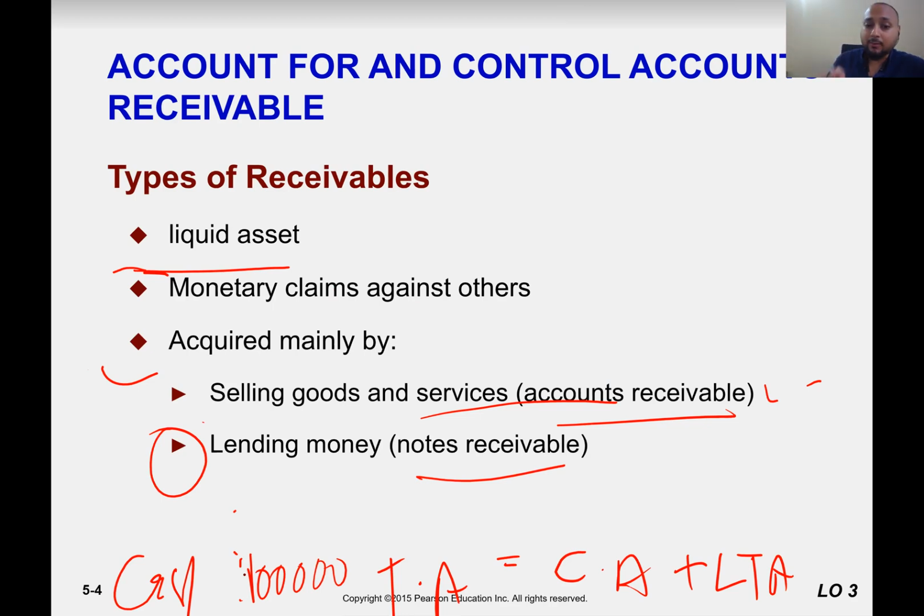If we saved this 100,000 with the bank, we would be earning at least 2% or 3% interest, right? So let's make a deal. You send us the money in 6 months, no problem, but you would be sending us this 2% interest as well. That would be our interest income as a company.